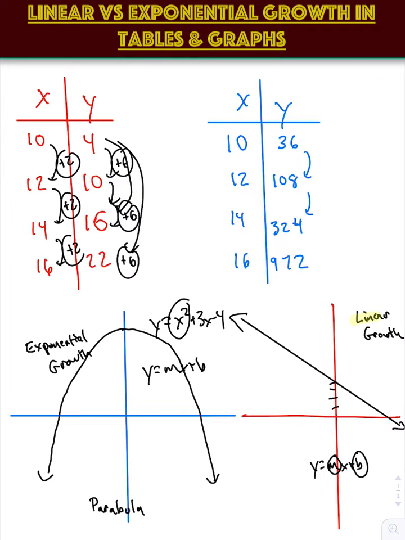So basically the change in y is 6 compared to a change in x being 2. So our slope here would be 3. Because we have a slope, it is linear.